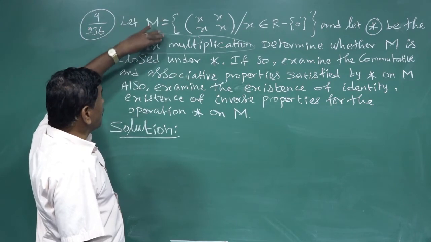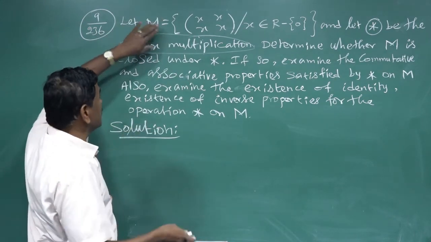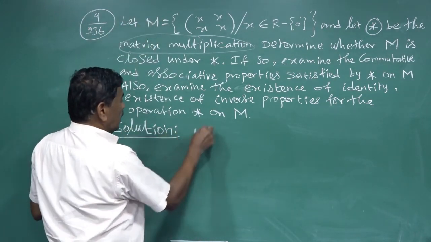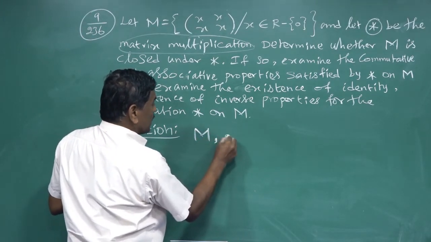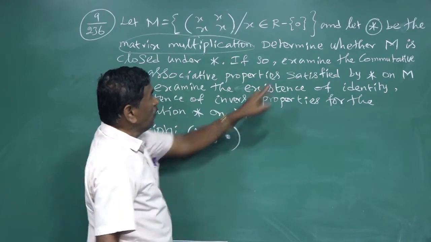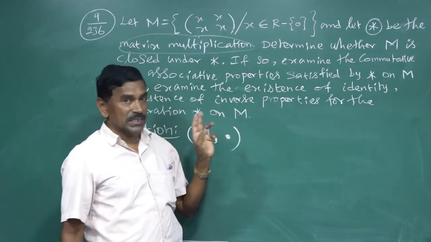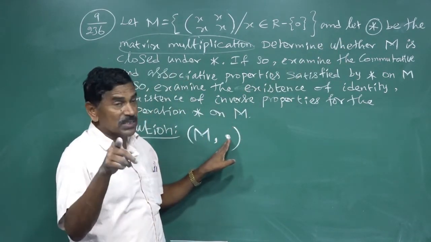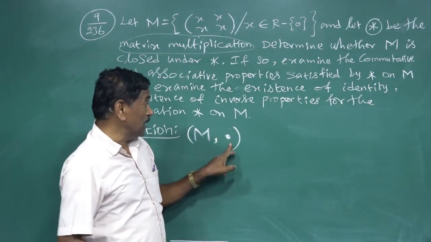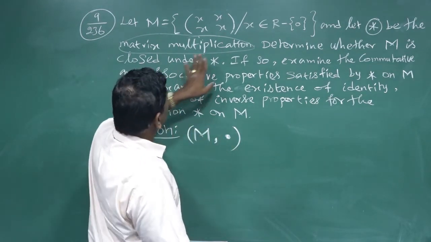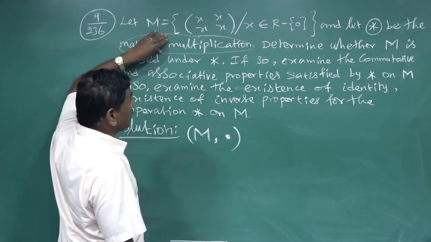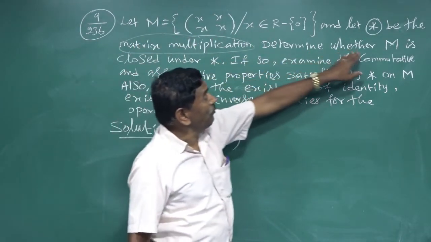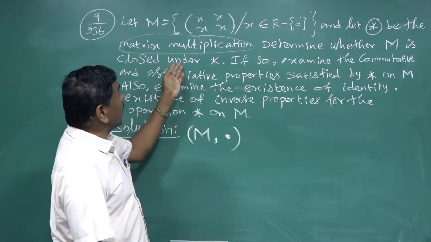M is a set and matrix multiplication is the operation. That is important. Then determine whether M is closed under star.